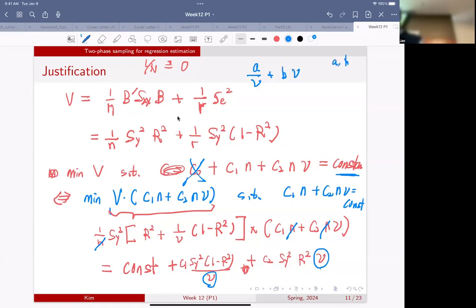So at the end of the day, what you are going to solve is just this, with A and B positive. You want to minimize A divided by nu plus B times nu with respect to nu. That is not really difficult because we can use a simple inequality.